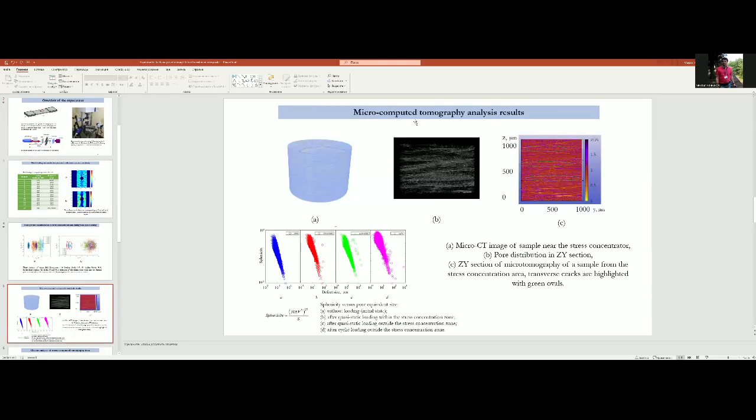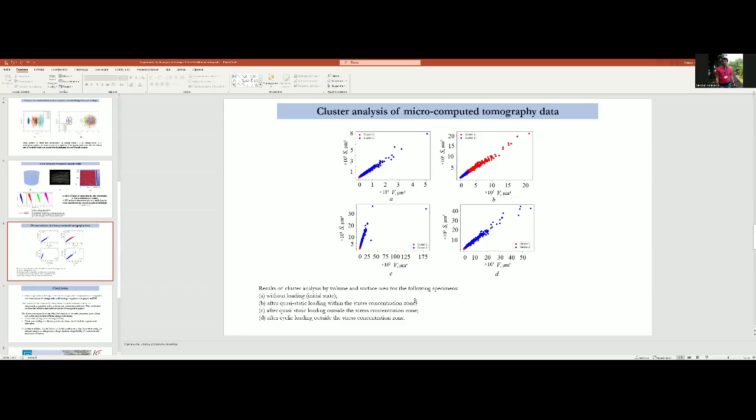And we can see close to the concentrator a different sphericity parameter from this slope.